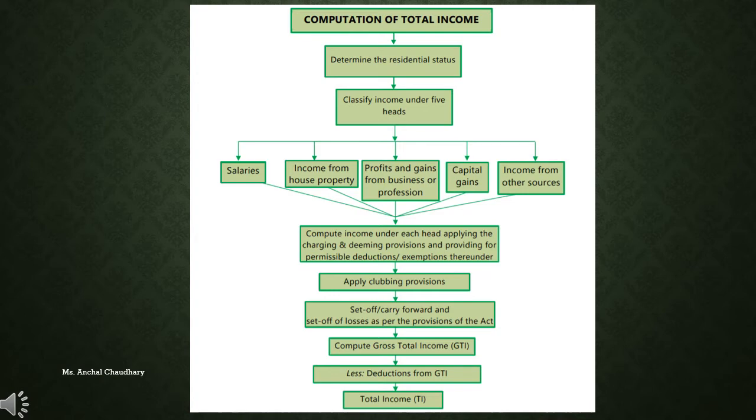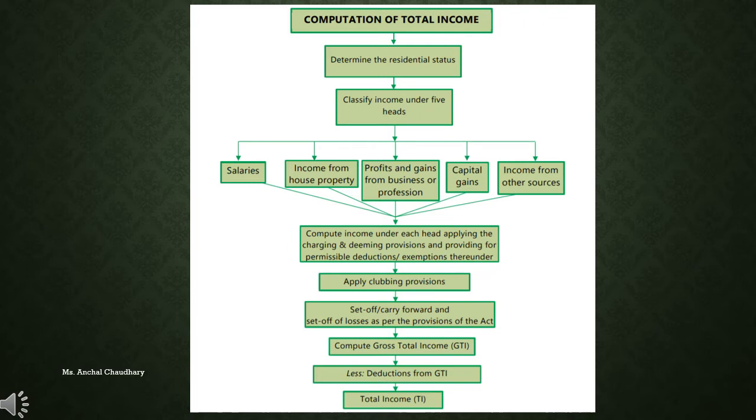Then after that you have to apply the clubbing provisions. If there is any clubbing of income, you have to club the income of that person into the assessee's income. Then after that you have to carry out set off or carry forward of losses.